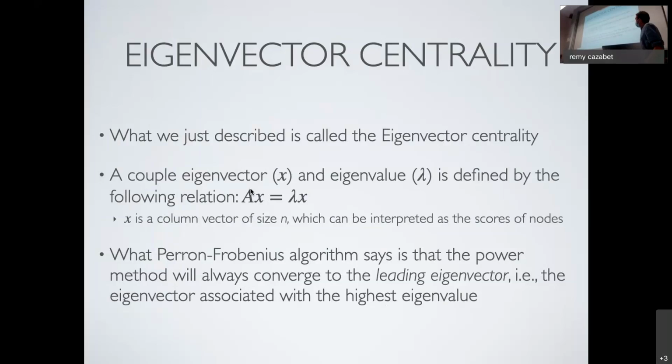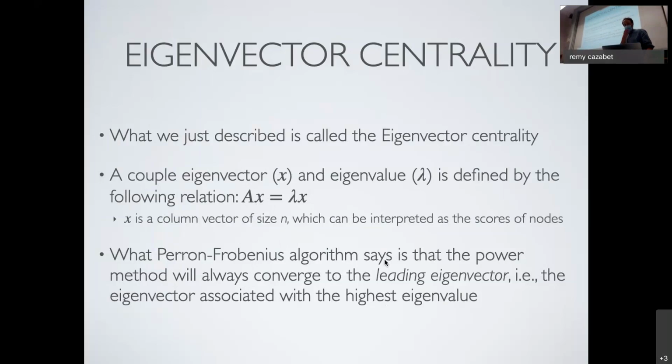And what you're saying is that if you propagate this value to the neighbors, you still want to have the same values up to a normalization factor. So this is exactly what we have defined.